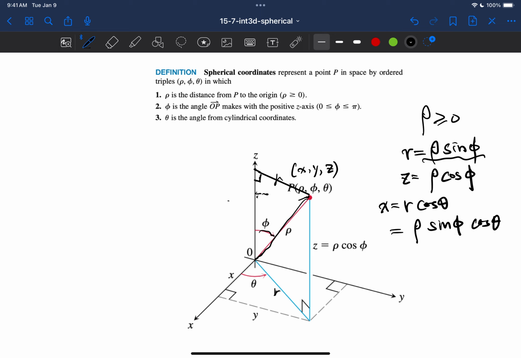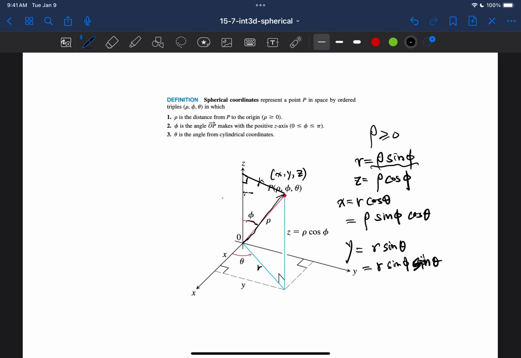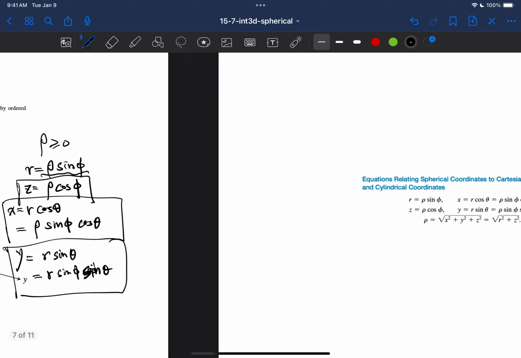This is x. And y is similarly r sine theta, but we can write this as rho sine phi sine theta. So that basically gives the transformation for the x coordinate, y coordinate, and z coordinate.